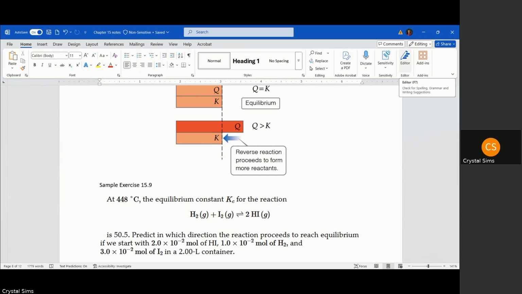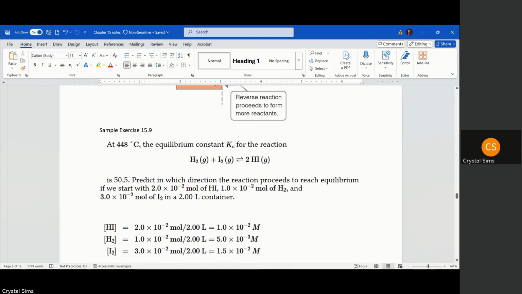So when you have a question that asks the direction in which the reaction proceeds, you know you're going to have to figure out your reaction quotient.